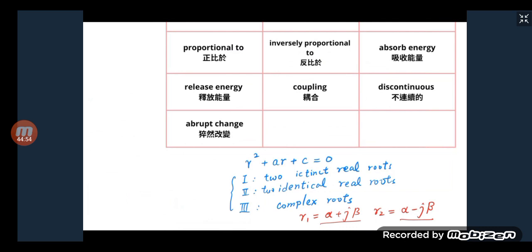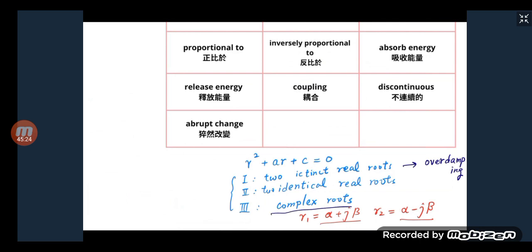It's very easy for you to know that as for a single order differential equation, there are 3 types. And then we say that it will cause over damping. If the solution has 2 distinct real roots, then we will say that it's over damping.